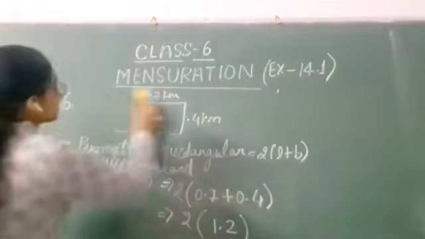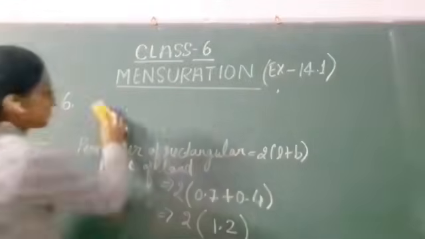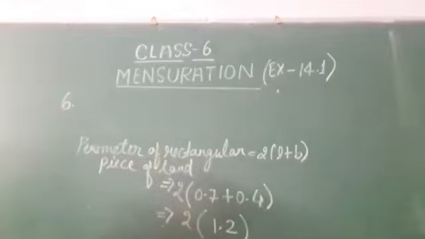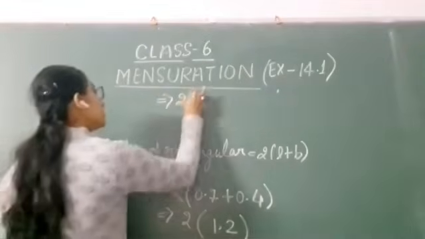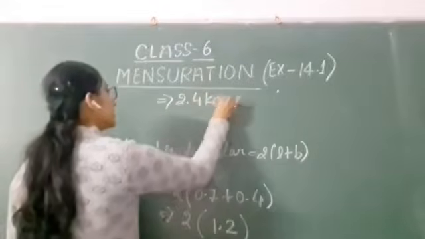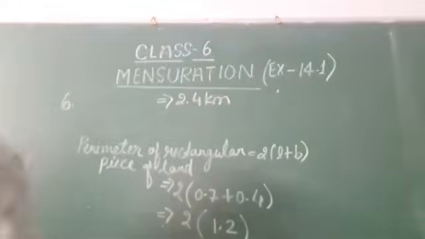Now 2 into 1.1 is equal to 2.2. Now see in your book, it is given what is the length of the wire needed, but before that each side is given to be fenced with 4 rows of wire.